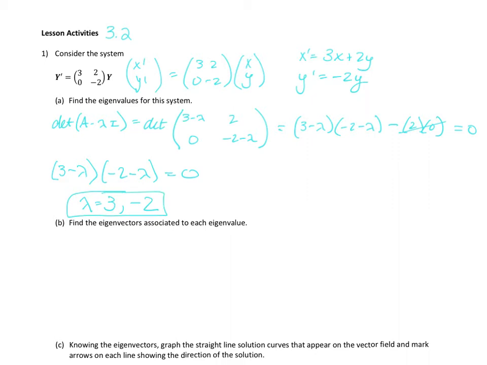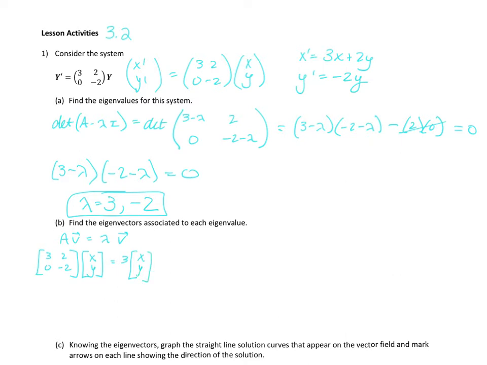Find the eigenvectors associated with each eigenvalue. To find eigenvectors, we have to solve Av equals lambda v, and we do this for each lambda. So A is 3, 2, 0, negative 2 times an unknown vector x, y equals lambda, which is 3, times x, y.